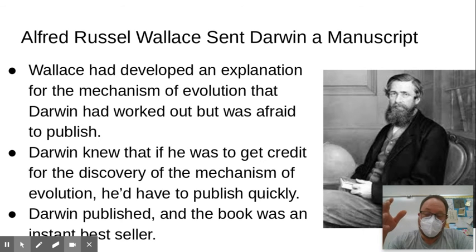And he had known that Darwin had some ideas, again, that he'd given some talks. So he sent an unpublished copy of his manuscript to Darwin and was like, what do you think of this? Well, Darwin was like, now or never, right? It's like someone else has sort of figured out what I figured out. So he sort of hastily put things together, published it, and it was like an overnight bestseller. It was a huge success.